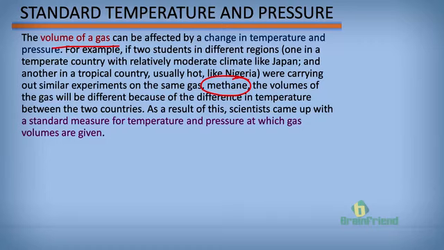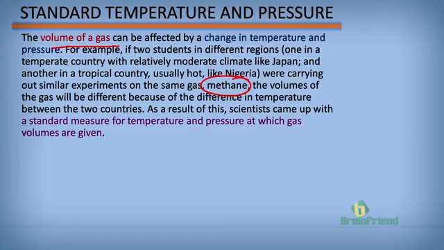So, because of these differences that may arise with scientific experiments when dealing with gases, scientists came up with what is called standard temperature and pressure at which gas volumes can be calculated.